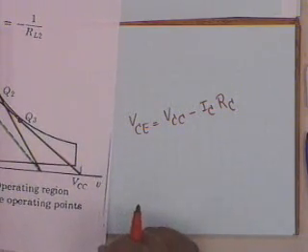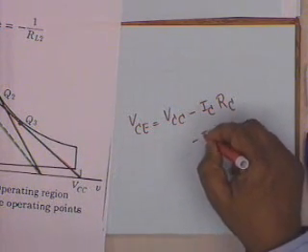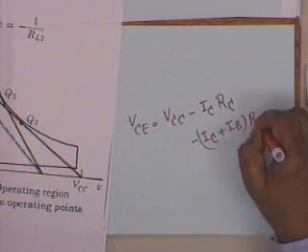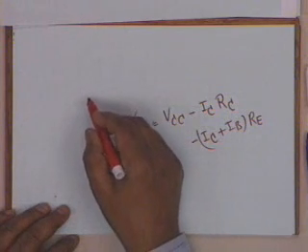If there is resistance in the emitter lead, then it should be I sub C RC plus I sub C plus I sub B times RE. Is that clear?